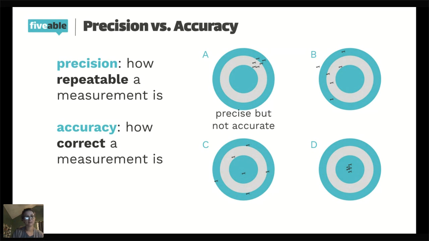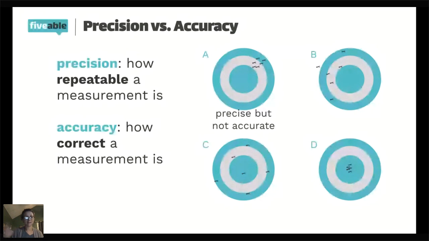Well, we might ask if those marks, are they close together? Is the person hitting the same spot on the target every time, or are they a bit more spread out? So, okay, to me, they look like they're pretty spread out, right? So I would say that this is not precise.